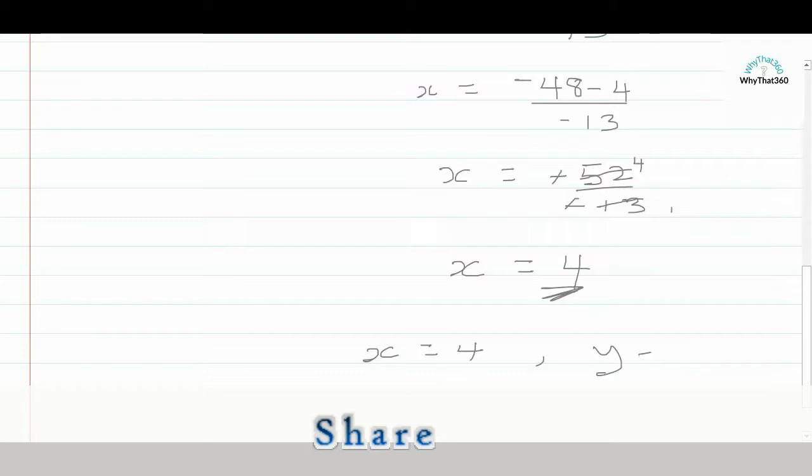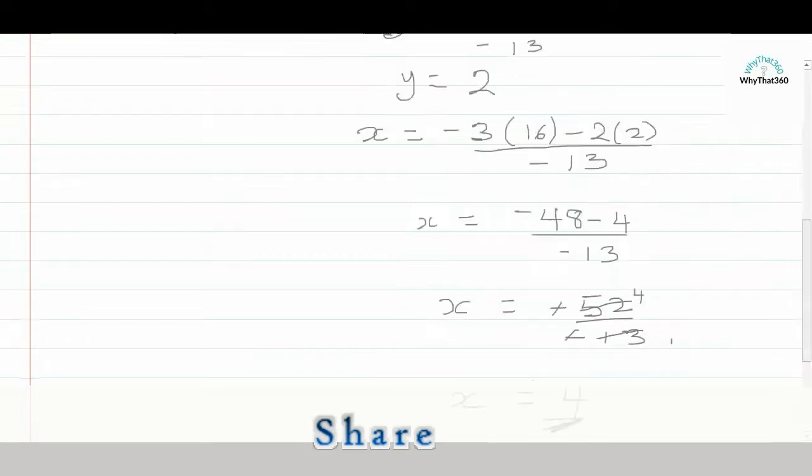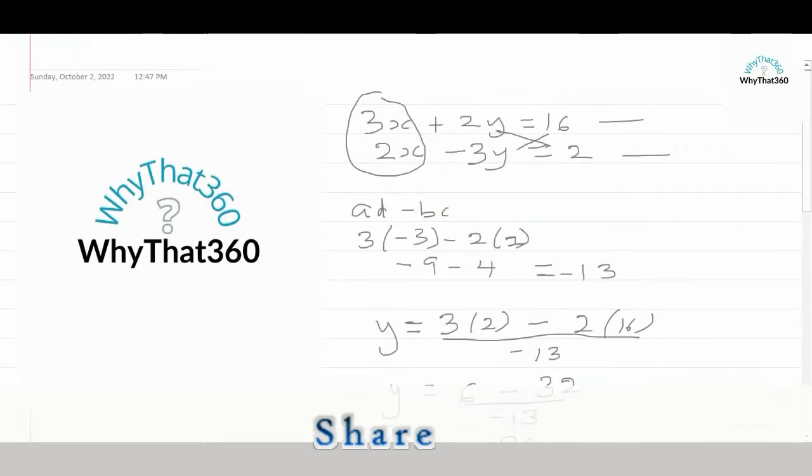And guys, that is how you solve two equations using the formula that we proved in our first video. Just a quick recap. To find the value of y, you consider the coefficients of x, and you start with equation 1.